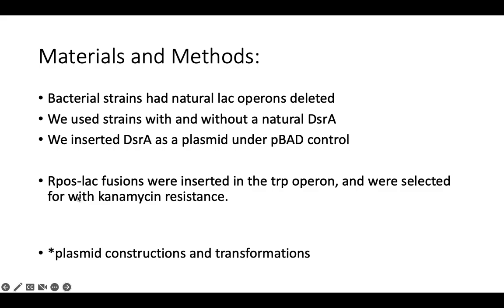But our rpoS lac fusions specifically were inserted in the trp operon, and the way they selected for them was by including a kanamycin resistance gene, just to knock out all the ones where the lac fusion didn't take. I'm sure you guys are familiar with that kind of method.